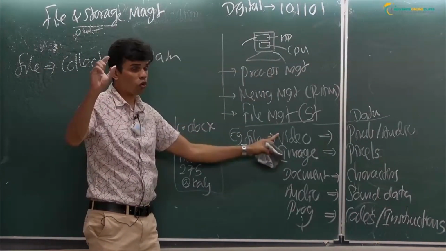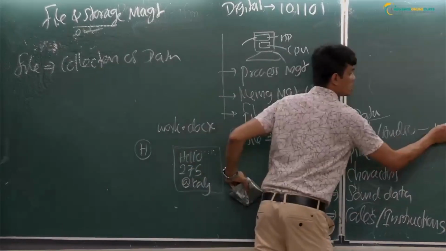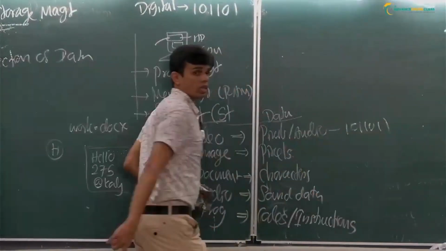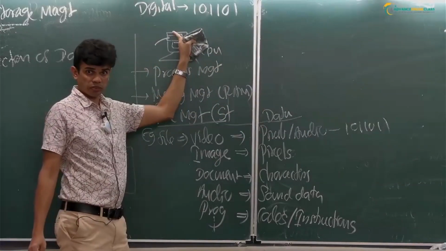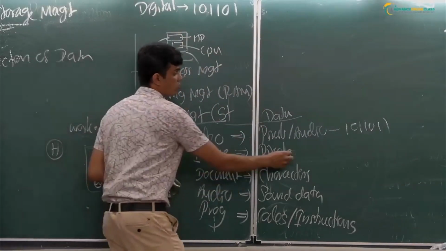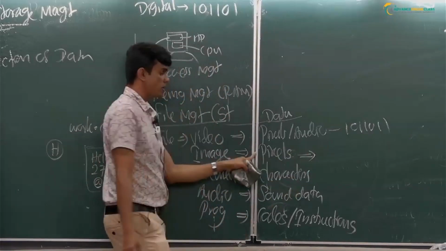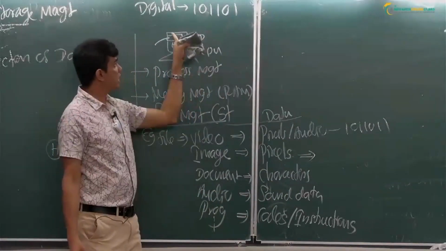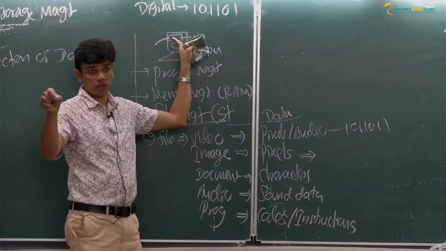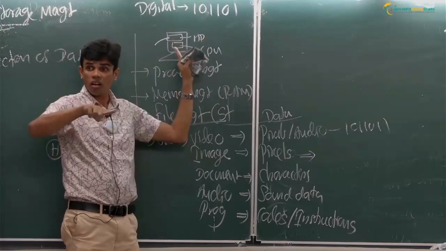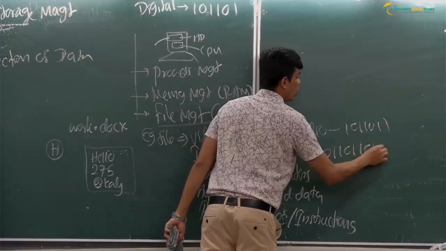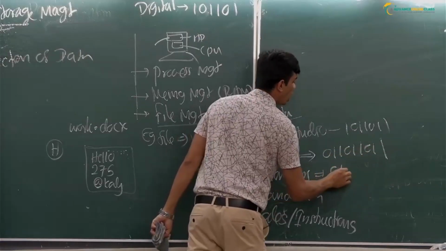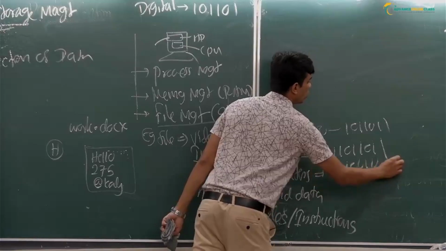In the pixel format or in the form of ones and zeros? A series of ones and zeros will be saved into the hard disk. You accept it. When you go for the image file, the data to be represented is pixels. But will they be saved in the hard disk as pixels itself or ones and zeros? It's ones and zeros. Whatever the data type, no matter, all are available in the form of ones and zeros.